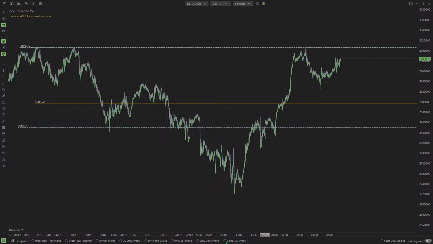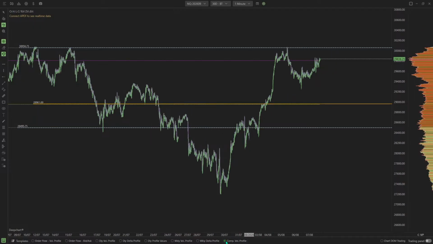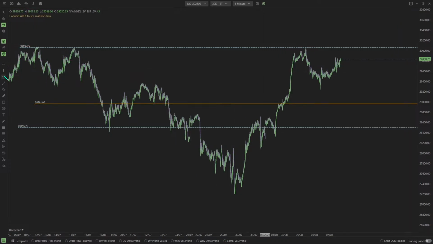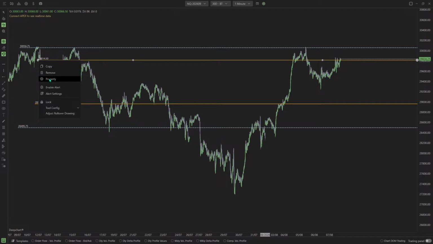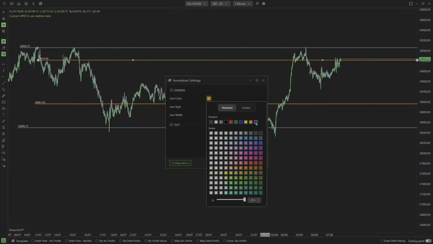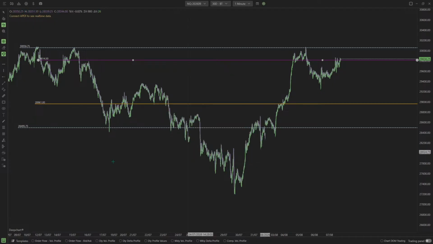So it didn't hold the point of control level. 29, 15. Isn't that crazy? This makes no sense. Why would that level disappear? Why? So there we go.